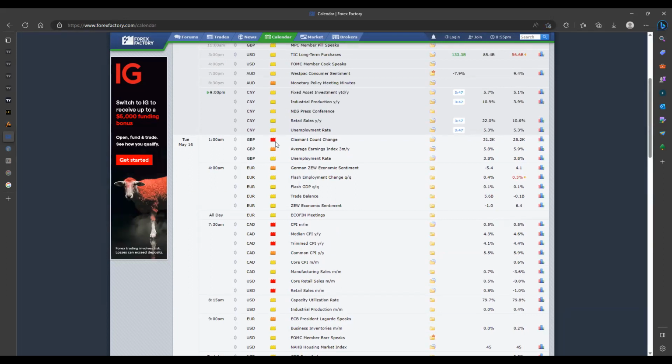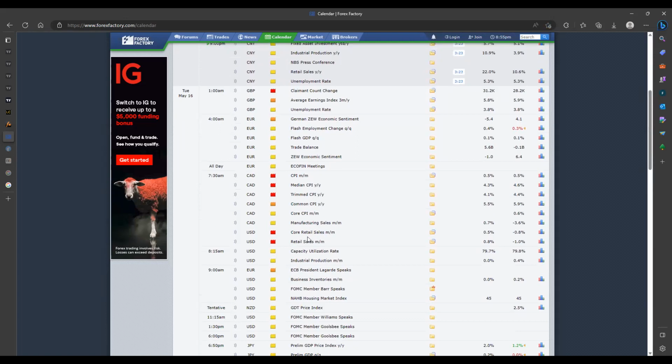See red folder here on Forex Factory for claimant count change. Unemployment rate, they don't have this as a red folder. But this could change between now and 1 a.m. The CPI number at 7:30 for CAD, that might move.